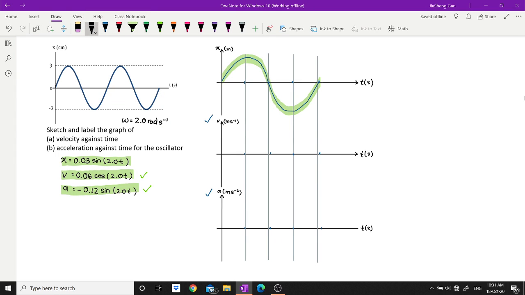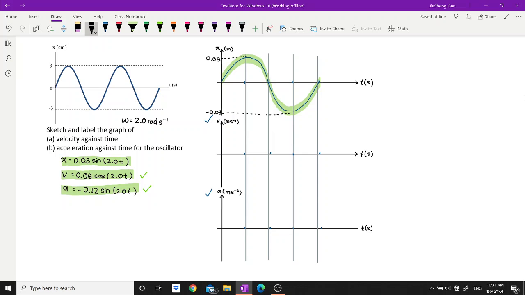The first thing to label would be the amplitude. Amplitude works both ways, so I think it's appropriate for us to label both sides of the displacement. So this is 3 cm. If you want to write it in meters, then it will be 0.03. Then the negative side will be negative 0.03.